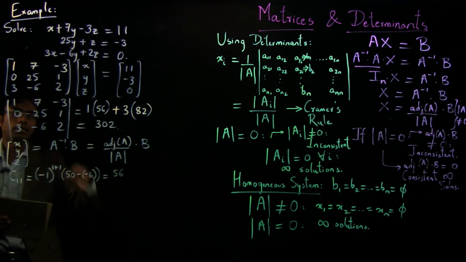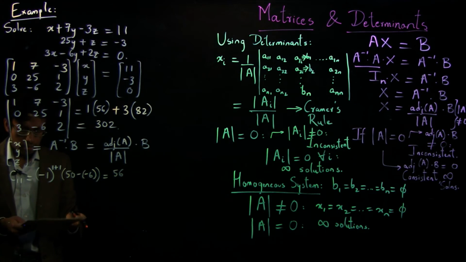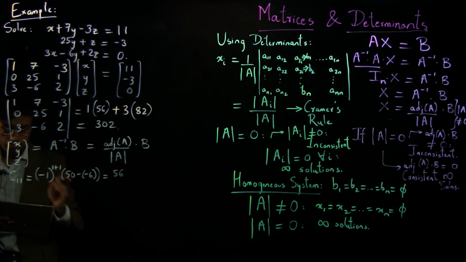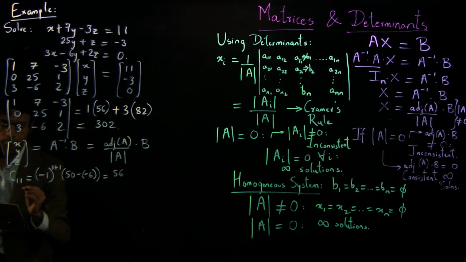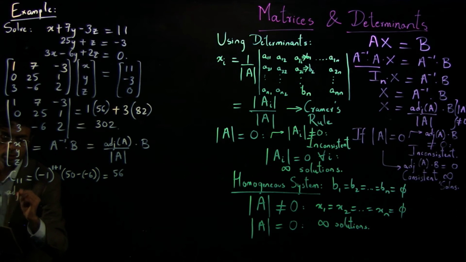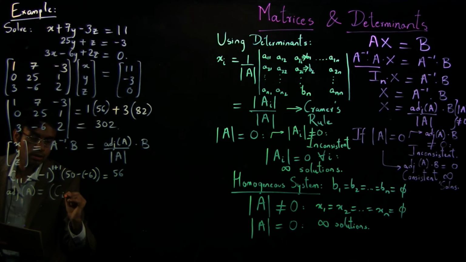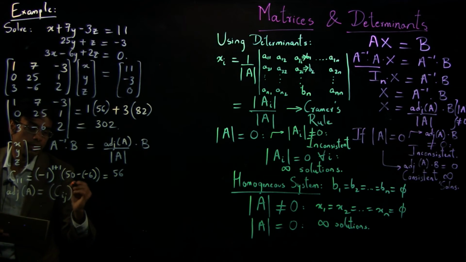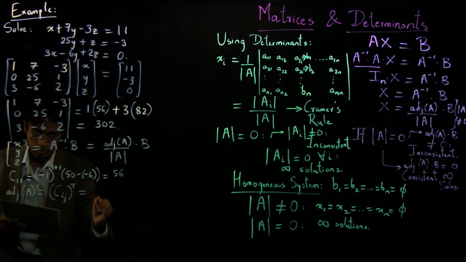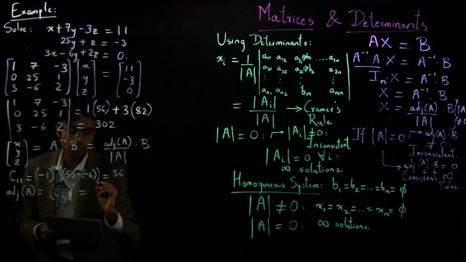And so on. I'll leave it as an exercise for the reader to calculate each cofactor. What you can show is that the adjoint of A is basically the transpose of all the cofactors of the elements of A. It works out to be this.